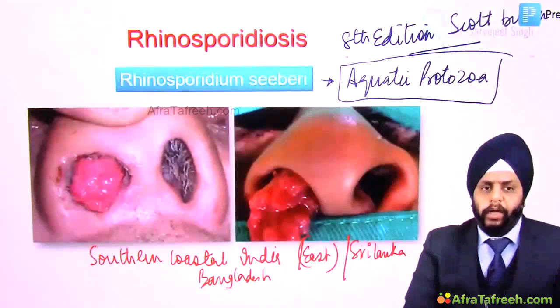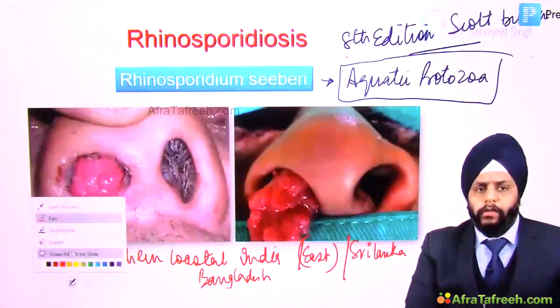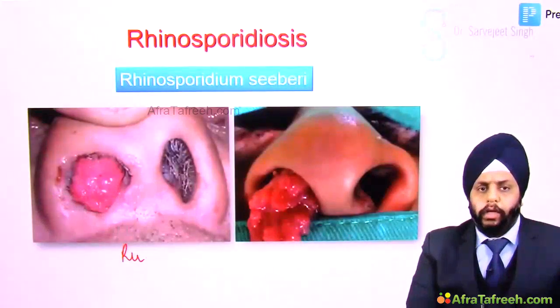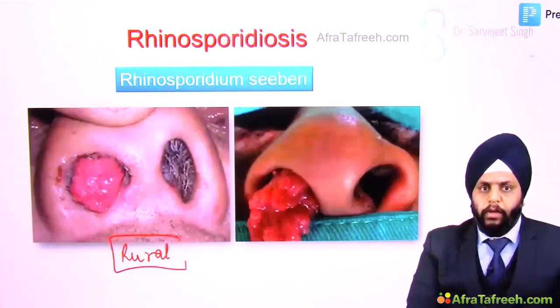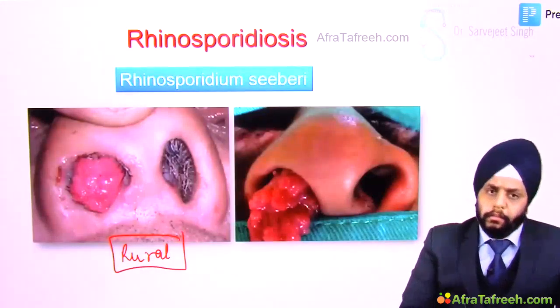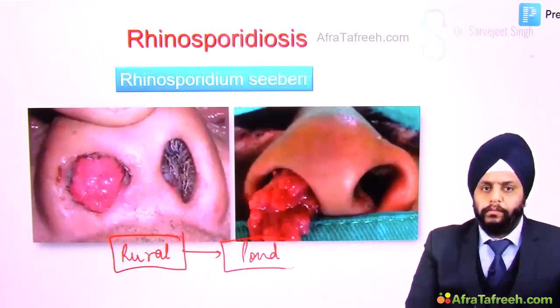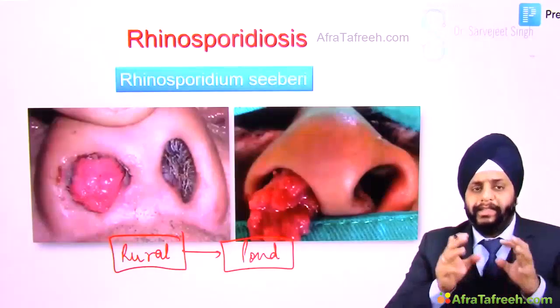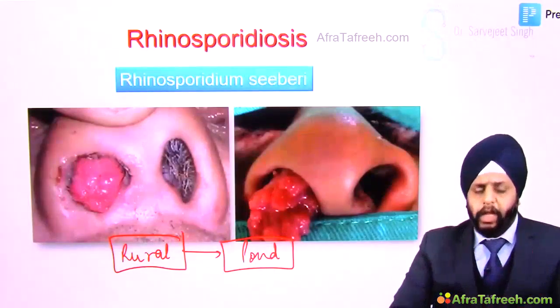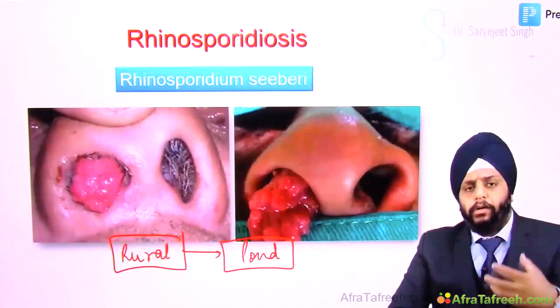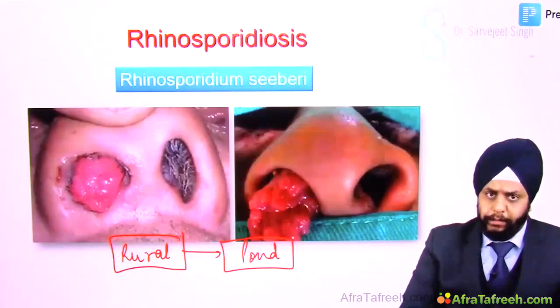Right? Now remember, rhinosporidiosis is generally found in rural areas. Why rural areas? Areas where people take a bath in a pond. Okay, now remember this organism, Rhinosporidium seeberi: human beings are not in the life cycle.